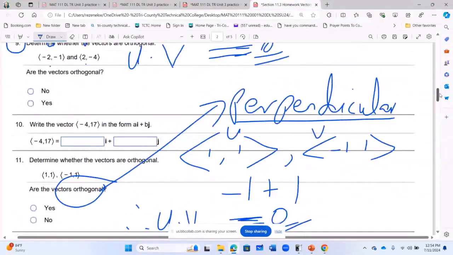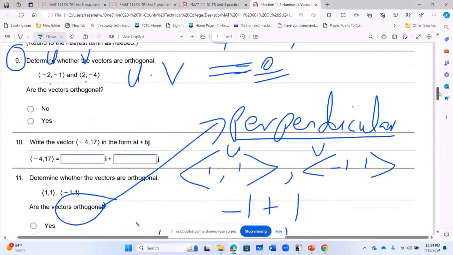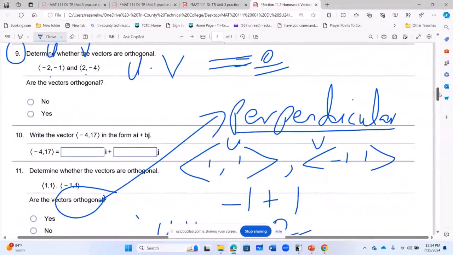If you're told to write a vector in the form ai plus bj, all you have to do is, for example, -4i plus 17j. They are called position vectors.